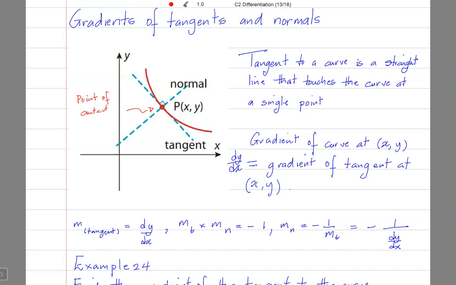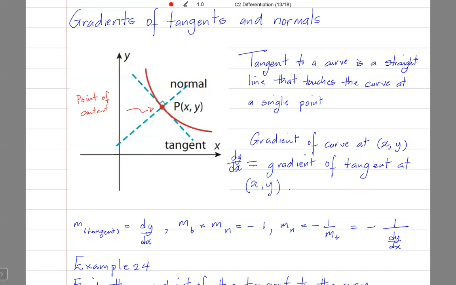Excuse me, sir. Yes, go ahead. Can you please repeat why the gradient of the tangent times the gradient of the normal is equal to -1? Yes, all I simply said was the gradient of the tangent multiplied by the gradient of the normal is -1, and that this comes from our knowledge of coordinate geometry.